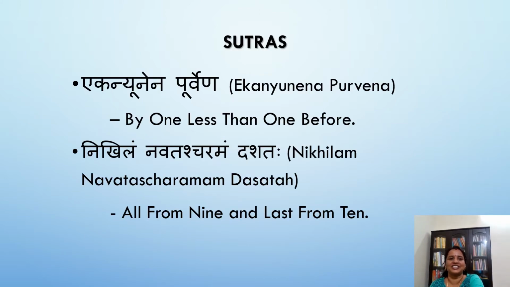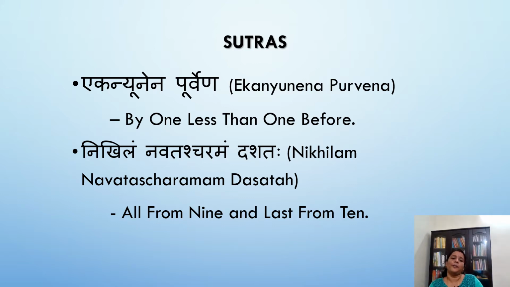Come, let's do it. And to solve any problem in Vedic maths, we need some sutras, isn't it? Yes, the sutras used here are the same as the sutras used in equal number of nines multiplication. The sutras are Ekanyunena Purvena, by one less than the one before, and Nikhilam Navatashcaramam Dashatah, all from 9 and last from 10.